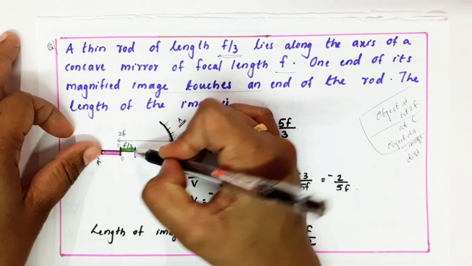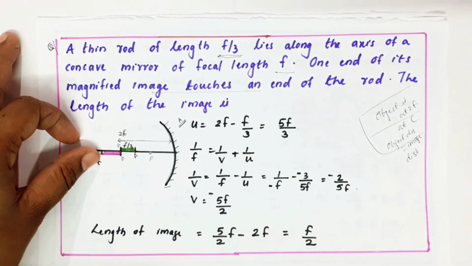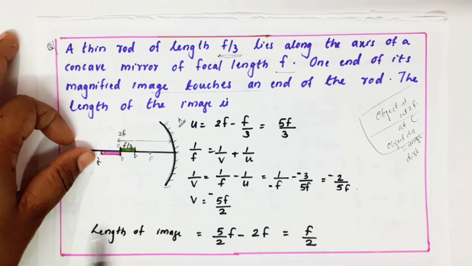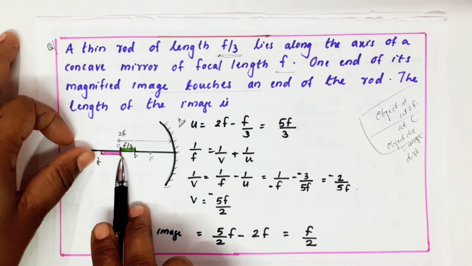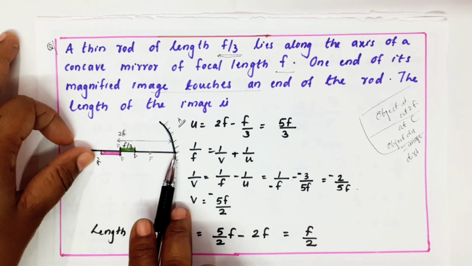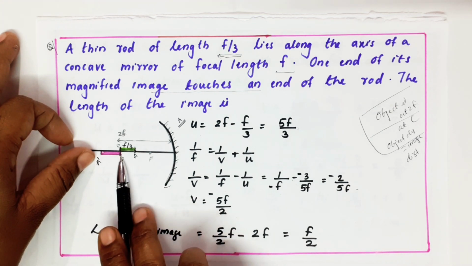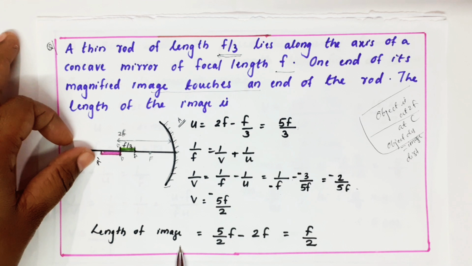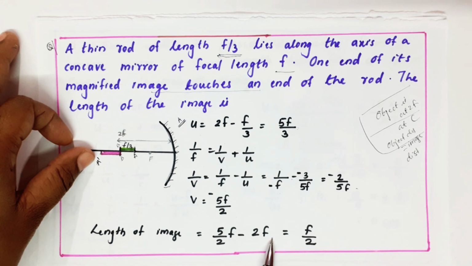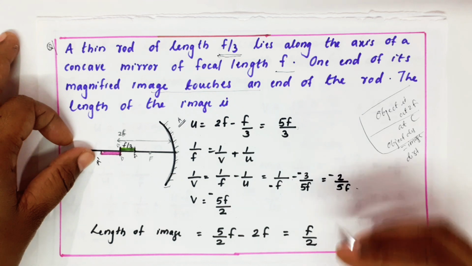But for A, the image is here, at a distance of 5f by 2. But I need the length. I know from pole to A dash the distance is 5f by 2, and from pole to B it is 2f. So what should be the length of the image? 5 by 2 f minus 2f, that will be equal to f by 2.